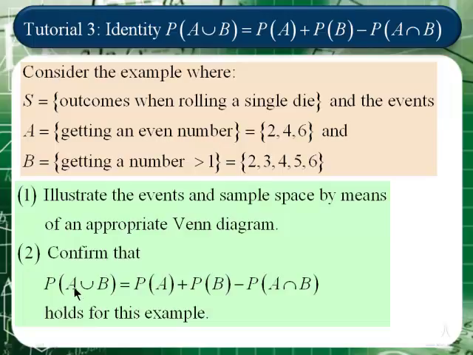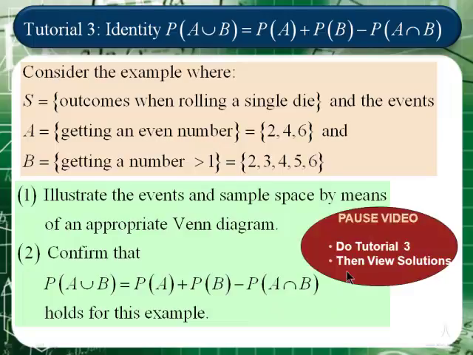So we want to show that the relationship between these 4 events will hold for this particular example. I suggest that you pause the video, do tutorial 3, and then come back and view possible solutions.